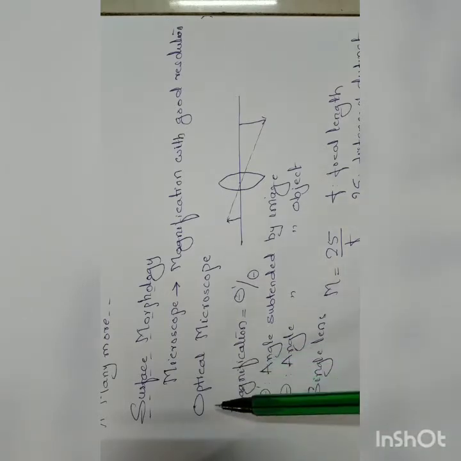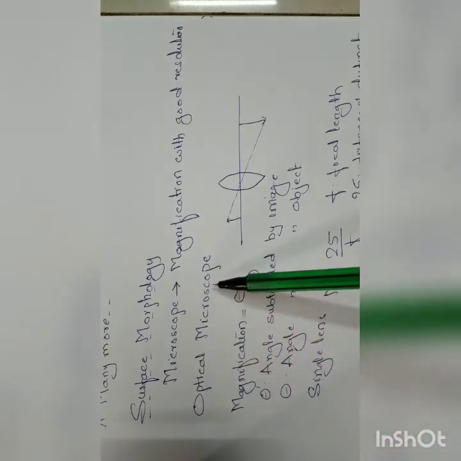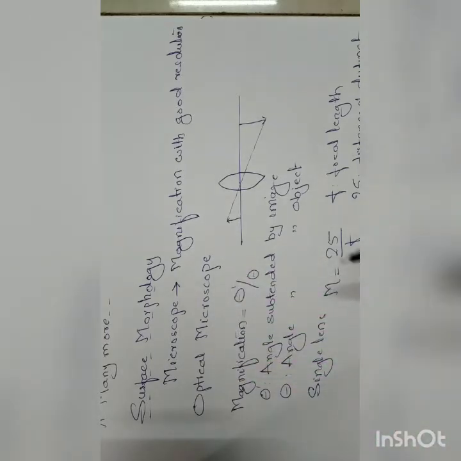One such simple device which will help us to magnify a given object is the optical microscope. This is a very simple microscope. You can say it is just a single lens microscope.